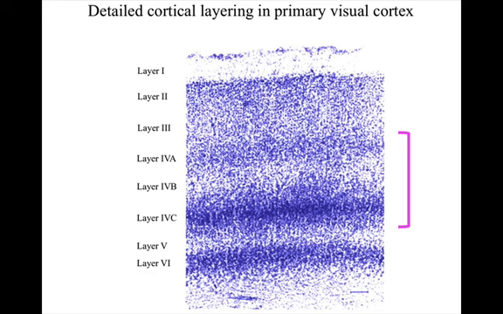This section is stained to reveal a high proportion of the neuron somas, and the usual absence of neurons in layer 1 is clear, but in this area there's a large layer 4 where inputs are received from the thalamus, and you can see a number of subdivisions in that layer 4.